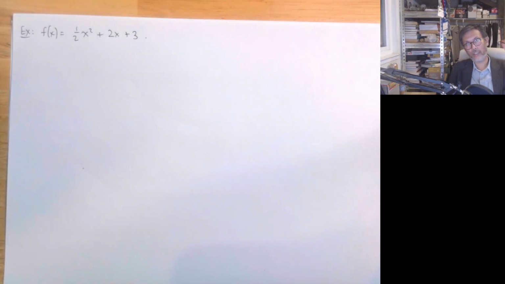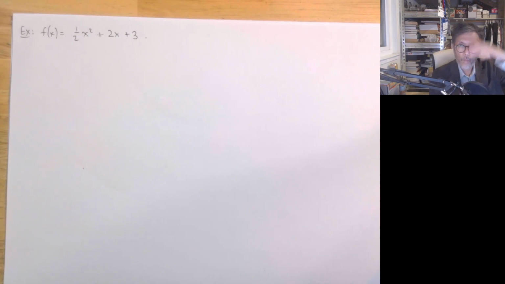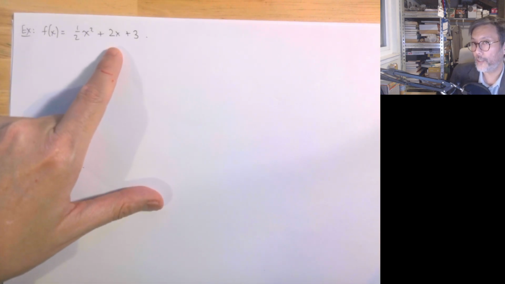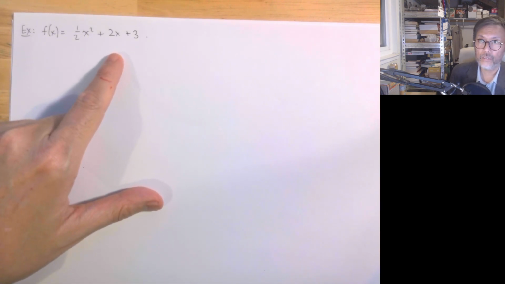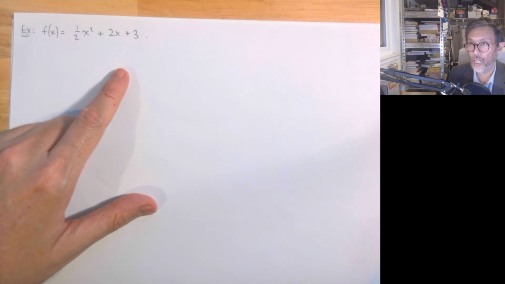I'm just really making things up. Now, maybe you know that since this is a quadratic polynomial, its graph is going to be a parabola.